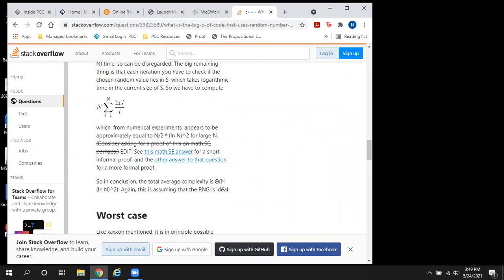So the total average complexity is theta, which we now know what that means, right? So it is bounded above and below by n times the natural log of n squared, right? Okay, so n log n squared.